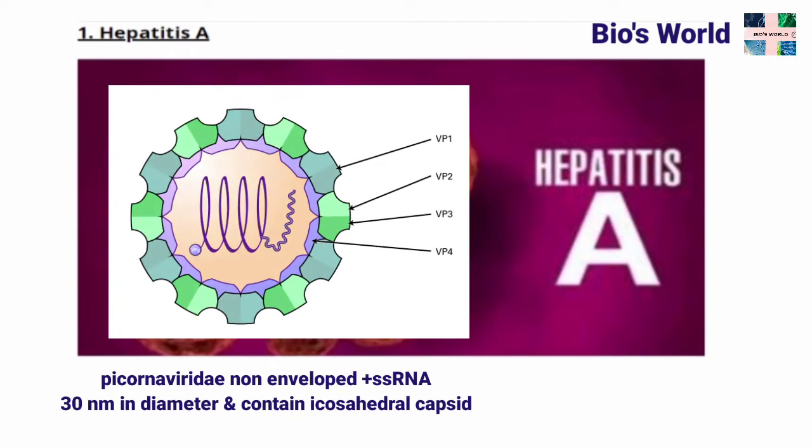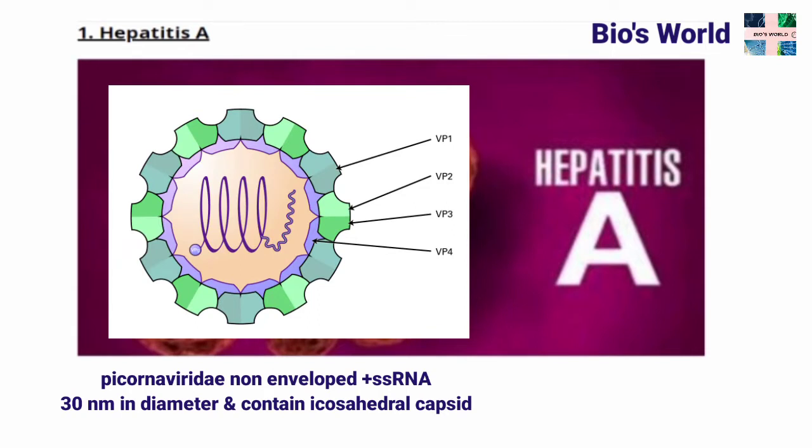The size is approximately 30 nanometers in diameter and it contains an icosahedral capsid which is made up of 4 proteins, that is VP1, VP2, VP3 and VP4. Among them, proteins VP1 to 3 are located on the external side of the capsid and VP4 is located internally, as you can see in the figure.